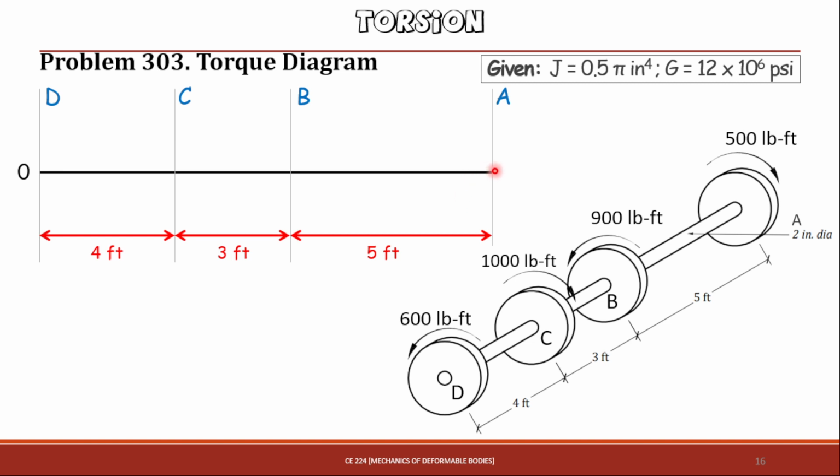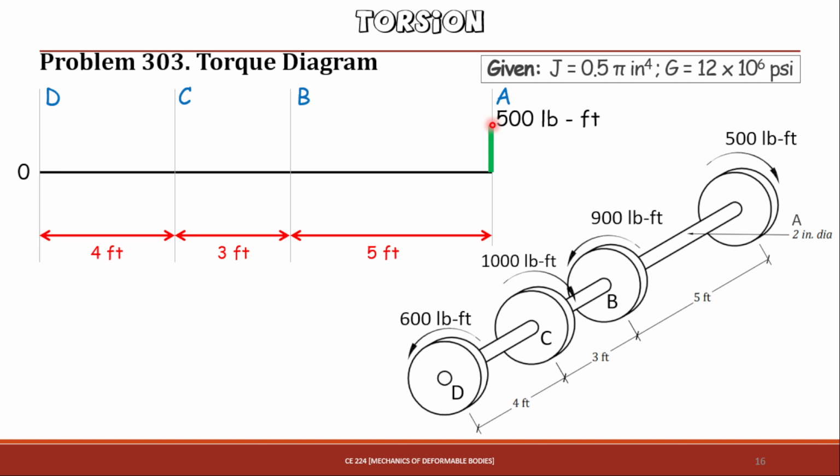So, from 0 torque, sa point A natin, meron tayong clockwise na torque. So, ibig sabihin, itataas natin siya sa positive side ng 500 pound-foot.